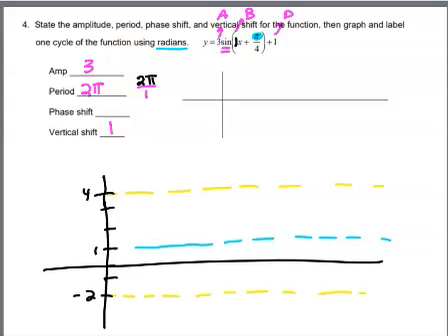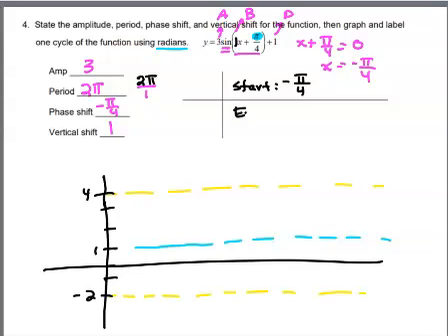Now the phase shift is take the inside of the parentheses and set it equal to 0. Negative pi over 4. Okay, so we always start at the phase shift, negative pi over 4, and we end at what the phase shift is, because that's the starting point, plus the period, because if that's the length of one cycle, it's going to end that much later from the beginning.